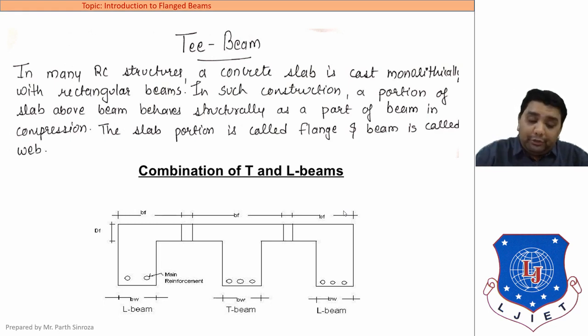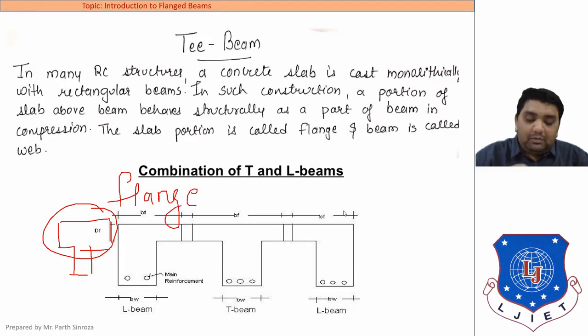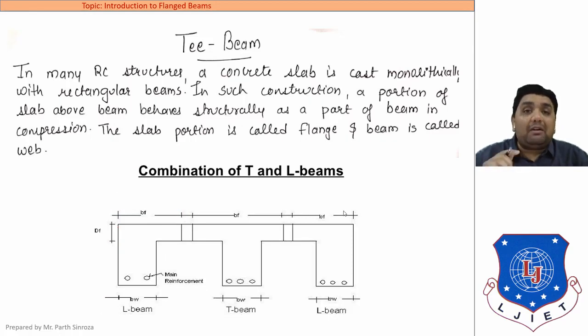The horizontal portion of our T-beam, that means the horizontal portion of our slab, is known as the flange. We'll be using this term throughout our chapter. So the horizontal portion of the slab is called the flange and the vertical portion is called the web. BF means width of flange, and the bottom width, BW, is called the width of web.